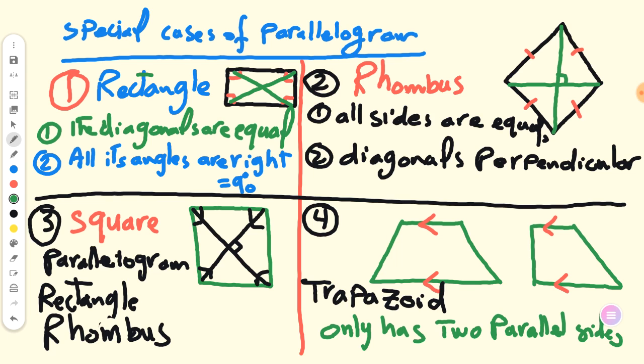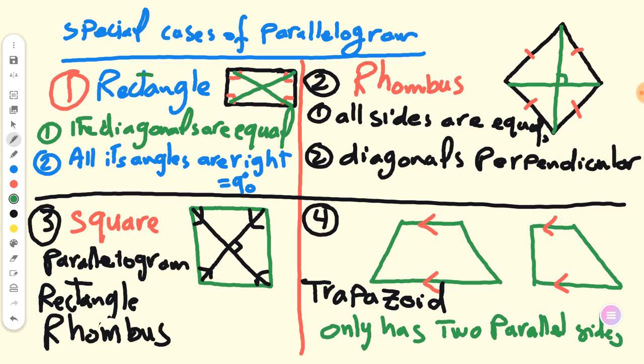So if I told you, give me the name of a shape where each two opposite sides are parallel, I can't call it a trapezoid. I can call it a parallelogram, square, rectangle, or rhombus, because each two opposite sides are parallel. But we can't say trapezoid because a trapezoid has one pair only.